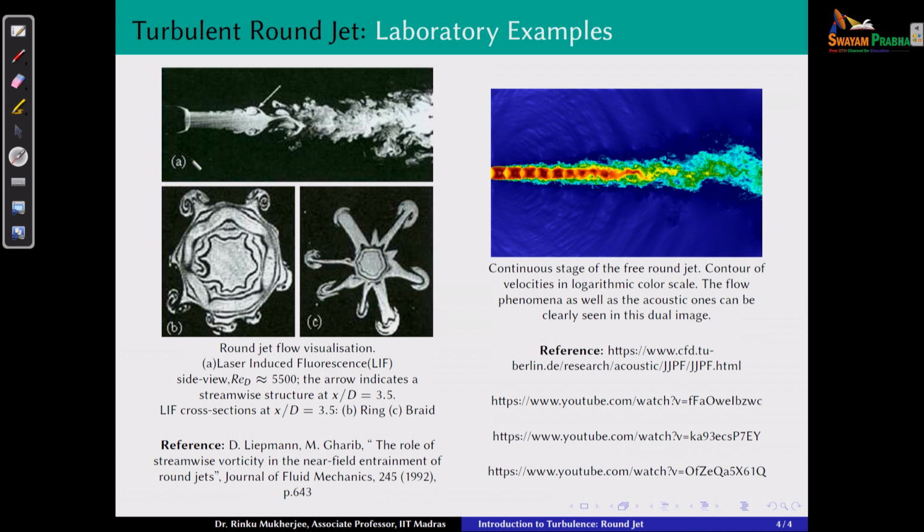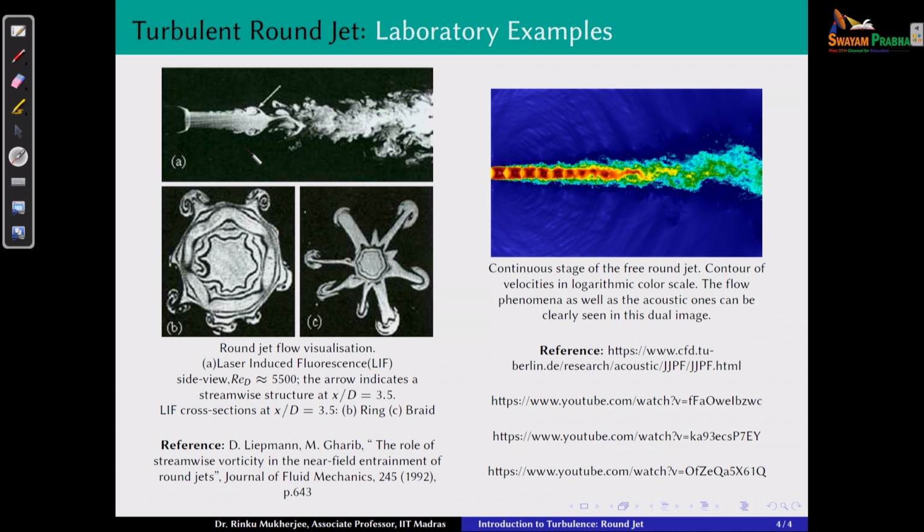So what is x? x is along this, and d is along this. I think the flow is starting from here, so the axis system will probably be located somewhere over here. So essentially 3.5 times the diameter. So this is the location that we are looking at.